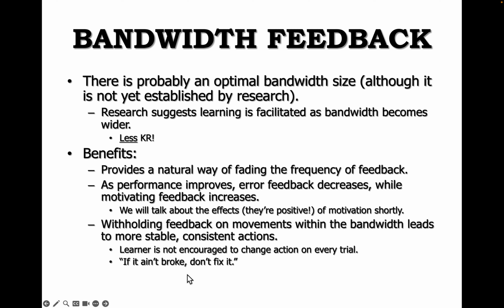Maybe someone doesn't shoot the basketball with perfect technique, but if the ball continues to go through the hoop, why do we need to correct that particular shot? If there's a good reason to correct it, maybe we do, but as long as it's achieving what we're trying to do, the knowledge of results part, then maybe we don't need to give feedback to correct it.